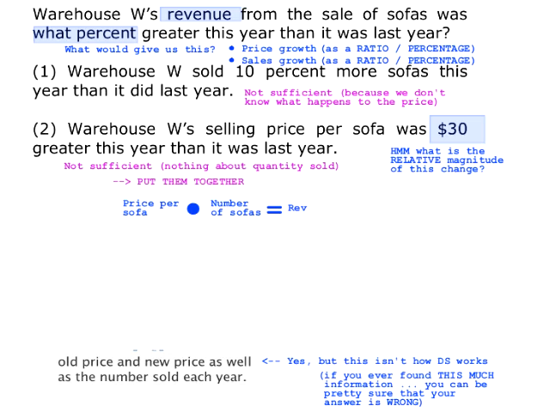And if it is clear enough that they're not sufficient, then you don't really need to make the second chart. Otherwise, go ahead and make the second chart. So here, we can just make this one chart for the 2 statements together. So this is going to be last year and this year.